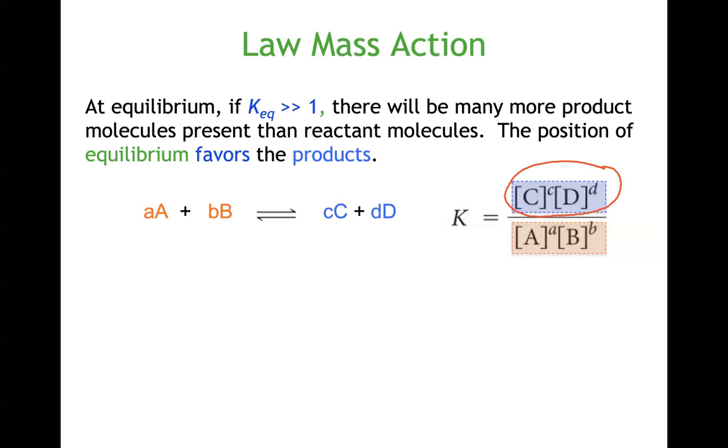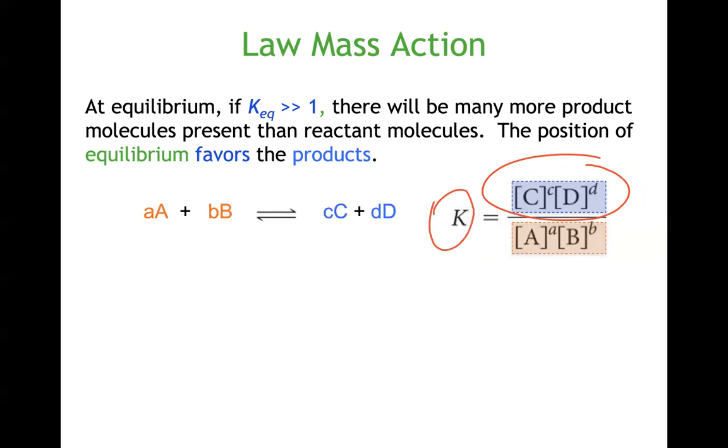Again, if the concentration of the numerator is larger than the concentration of the denominator, then you're going to get a value that's larger than 1. So if the equilibrium constant is much larger than 1, the concentration of the products is much higher than the concentration of the reactant.